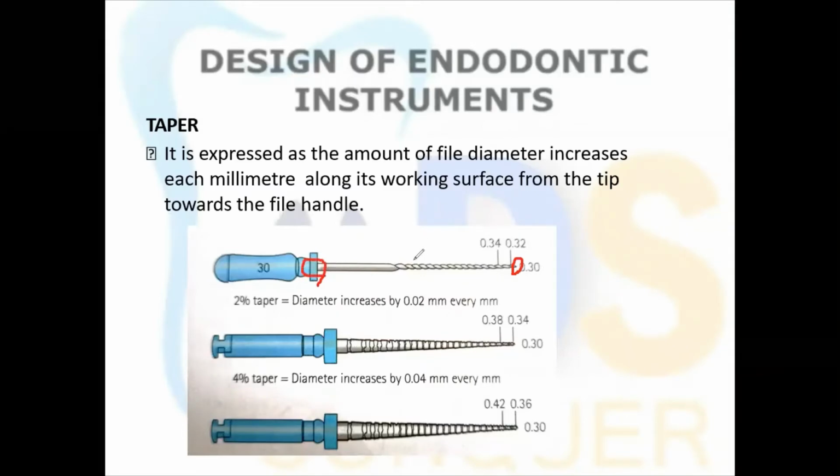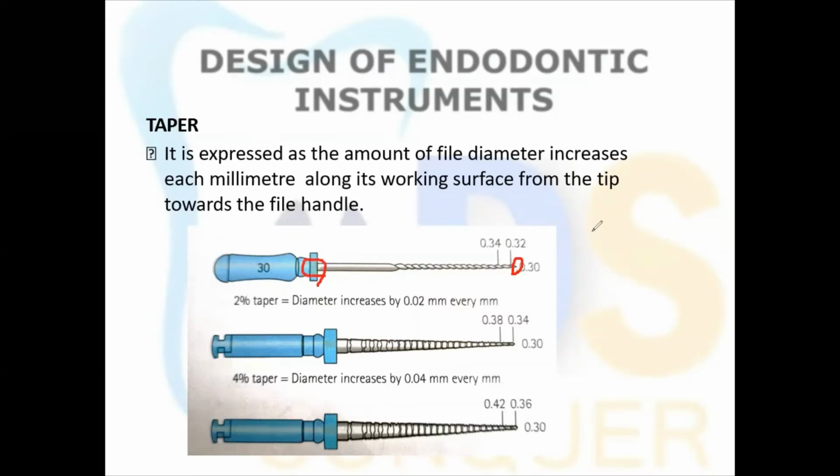Earlier, we have already discussed that 2% taper instruments were available, and later greater tapered instruments have been developed with 4%, 6%, 8%, and even 10%, which help us in preparing canals of wider diameter without over enlarging the apical foramen.